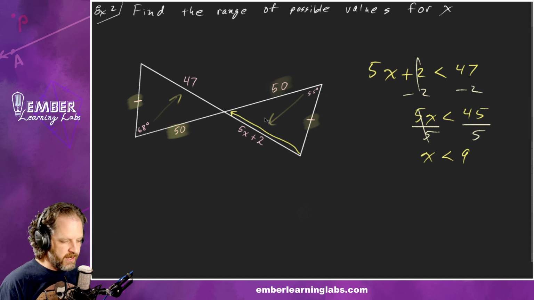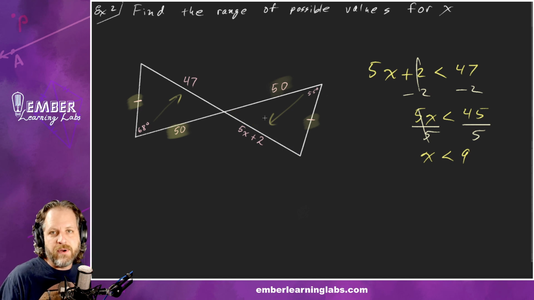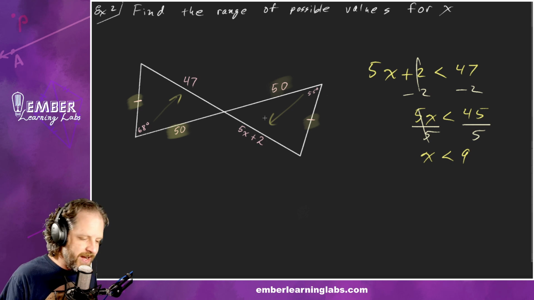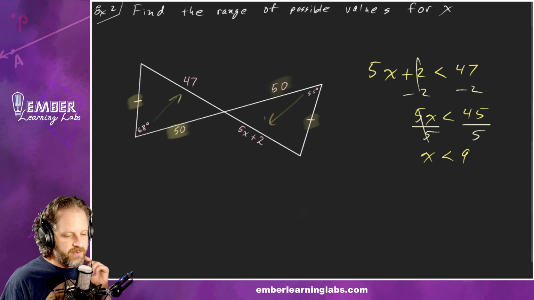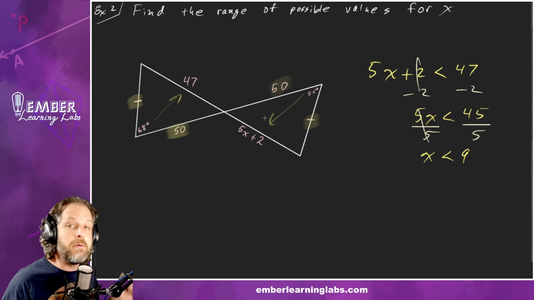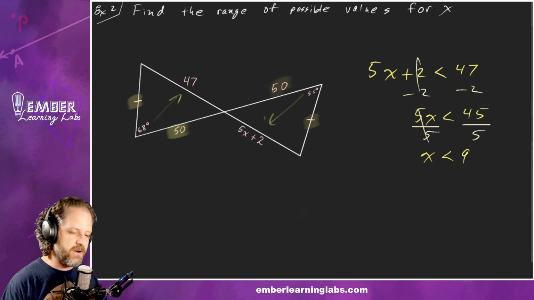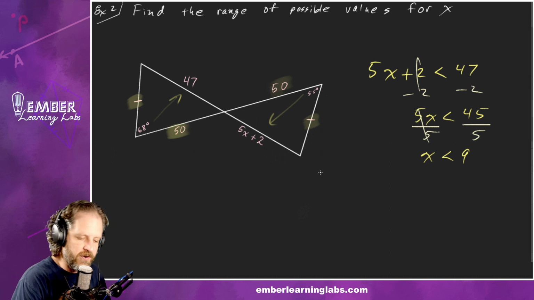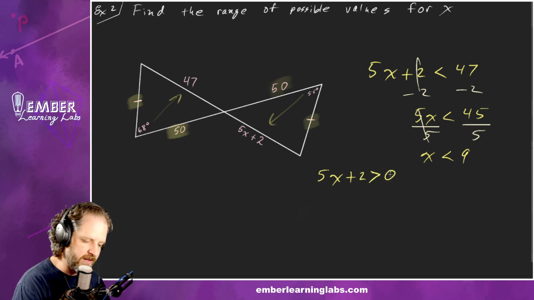Well, how far can it go? Well, it can go down to 0. It's got to be bigger than 0, right? And so that's the other type of equation we're going to write. If we need to find what it's going to be bigger than, it's got to be bigger than 0. So for our other equation, 5x plus 2 has got to be greater than 0.